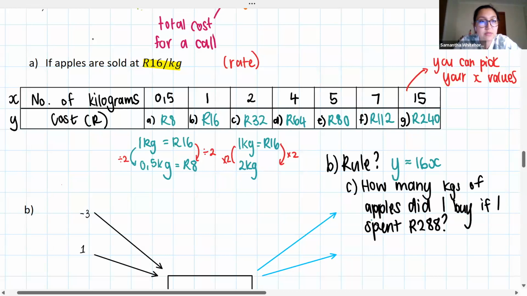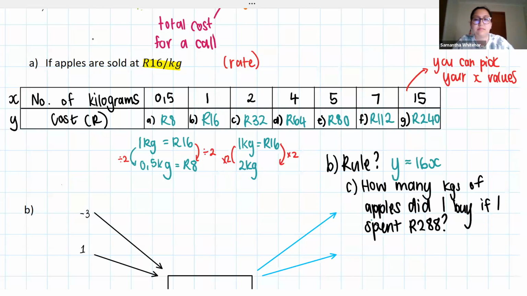How many kilograms of apples did I buy if I spent 288 rand? You've got 90 seconds to give me an answer. And I would really like if someone would explain how they got the answer.